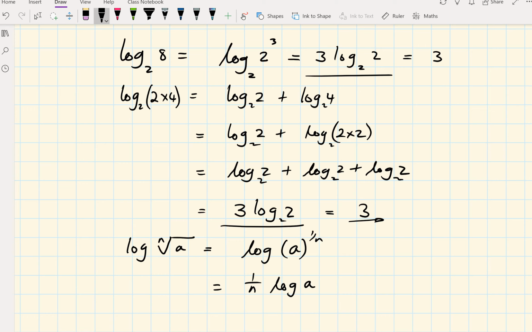That's really just using that power rule for logs. So there's the third law.